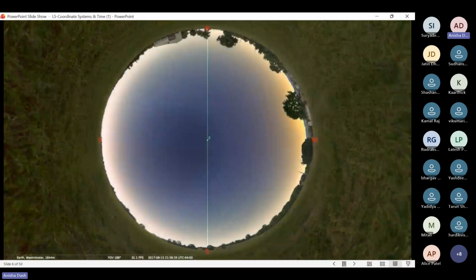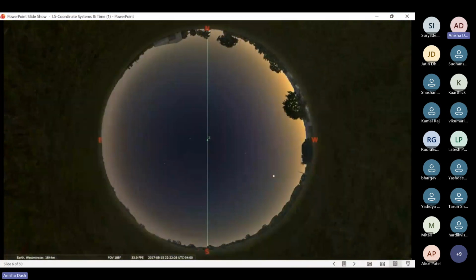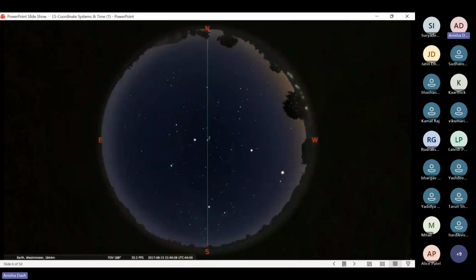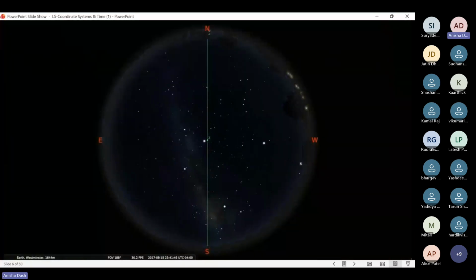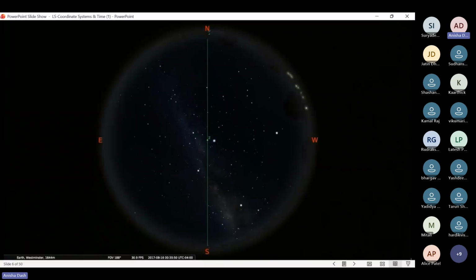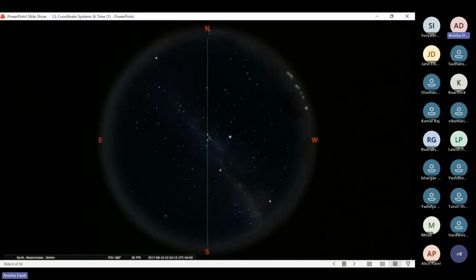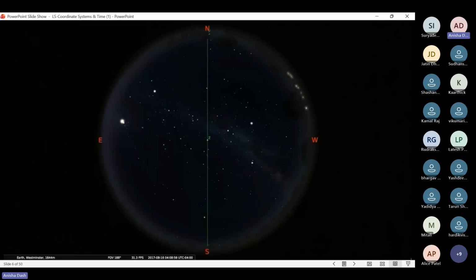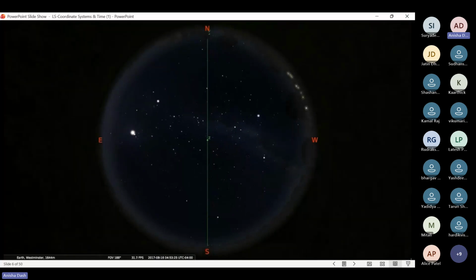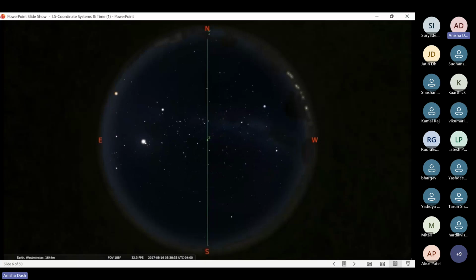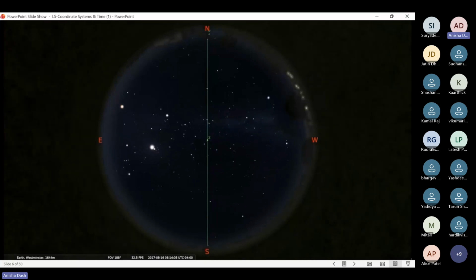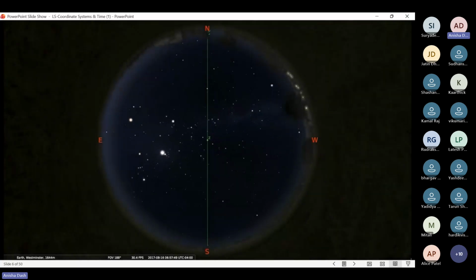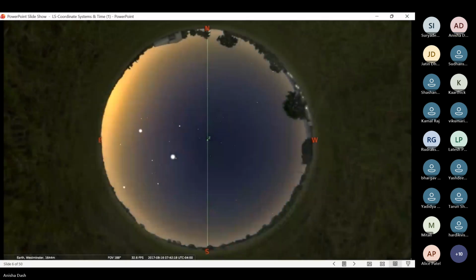The sun sets and the stars come out. The thing to notice here is that the stars do the exact same thing that the sun appears to do. They rise in the east, they cross over the meridian, they transit the meridian, and then they set toward the west. This pattern will repeat itself. As these stars continue to set very gradually over time, the sun will begin to rise once again. And now it's daytime.